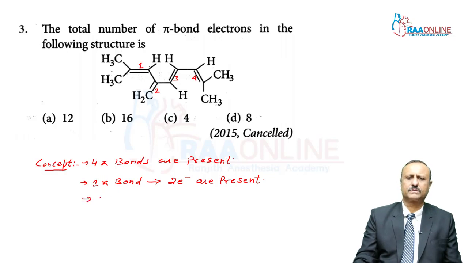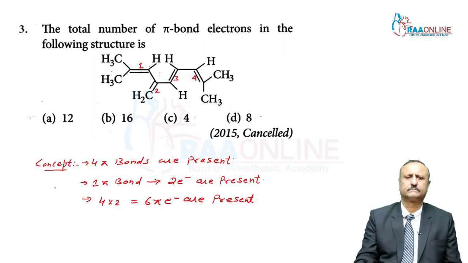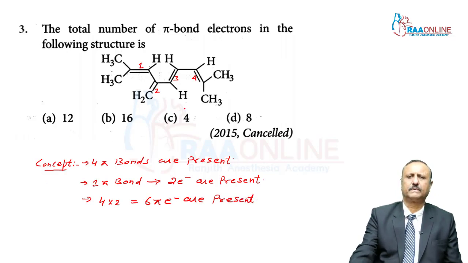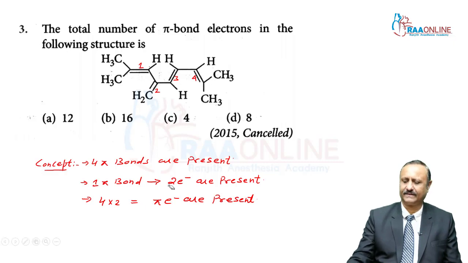So, 4 pi bonds, 4 multiplied by 2, that is 8 pi electrons are present. This is our concept, and your question is 4 multiplied by 2, that is 8. 8 electrons are present. Not 6, it is 8 pi electrons are present.